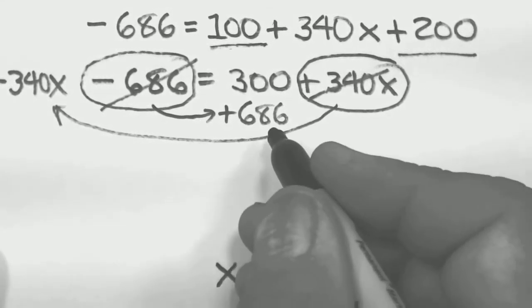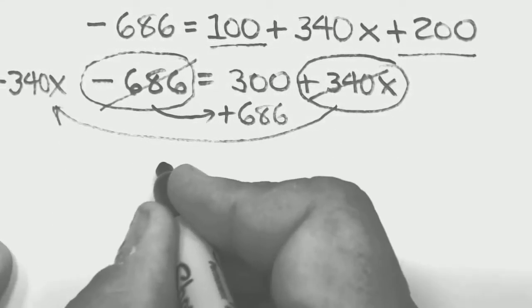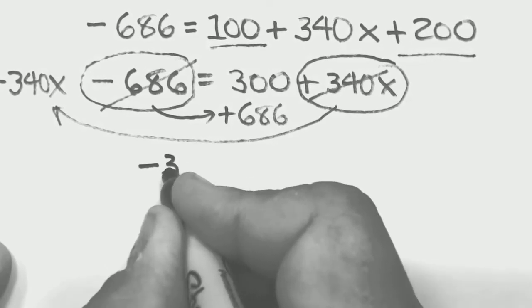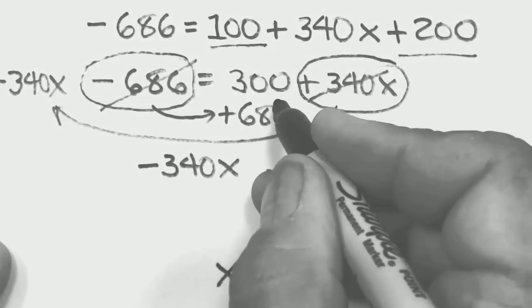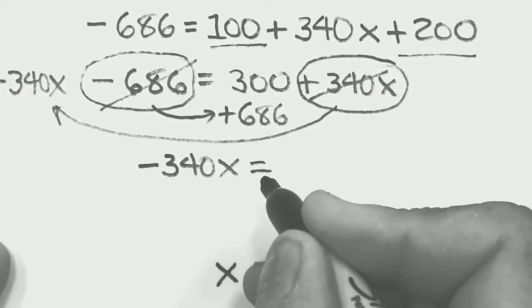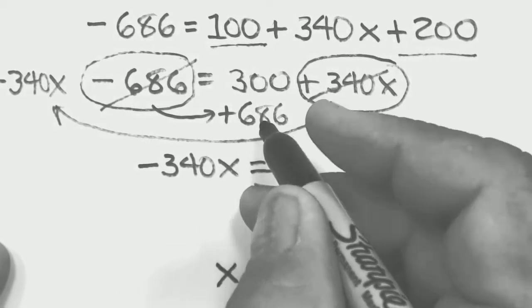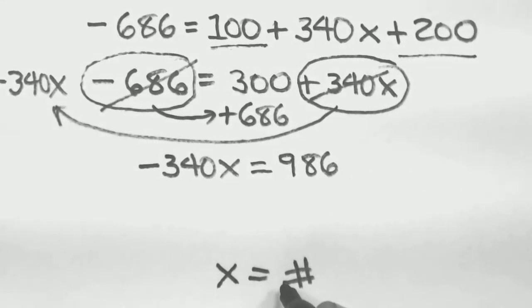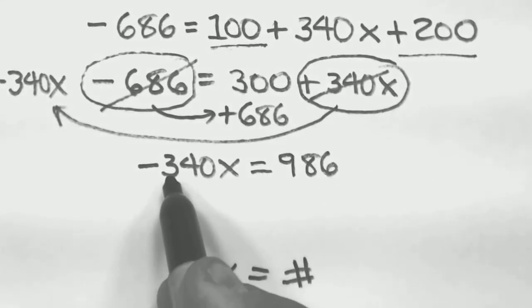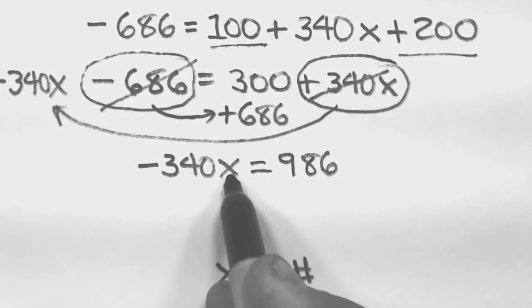Okay, let's see what we have left here. On the left side we have minus 340x. That's the only thing that's left on the left. On the right, we've got to combine these two guys. So if I add 300 to this, I'll get 986.